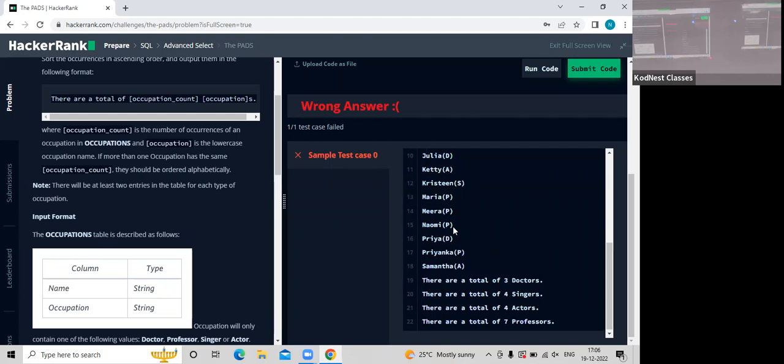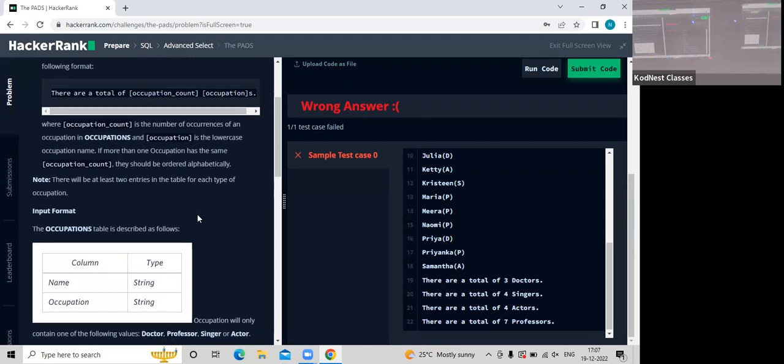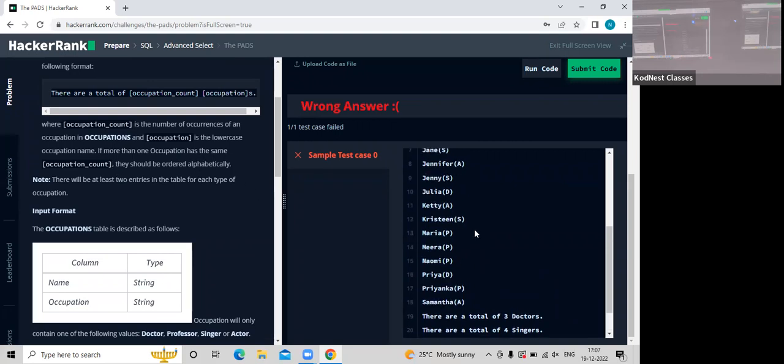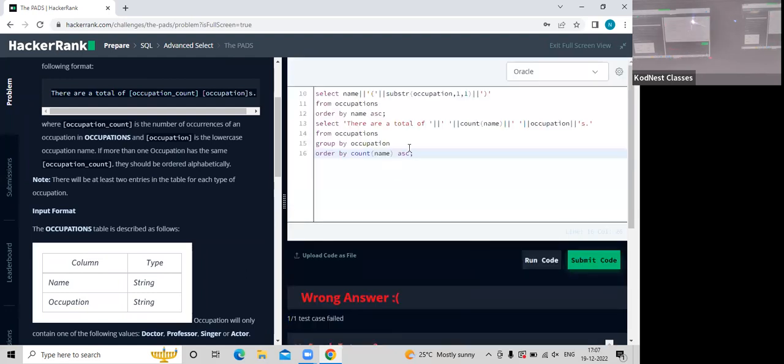See here. Can you observe? We have almost got it, but there are a few things wrong. What is that is what we have to be understanding. If more than one occupation has the same count, they should be ordered alphabetically. Okay, that is the thing wrong, which means we have to perform secondary sorting also.